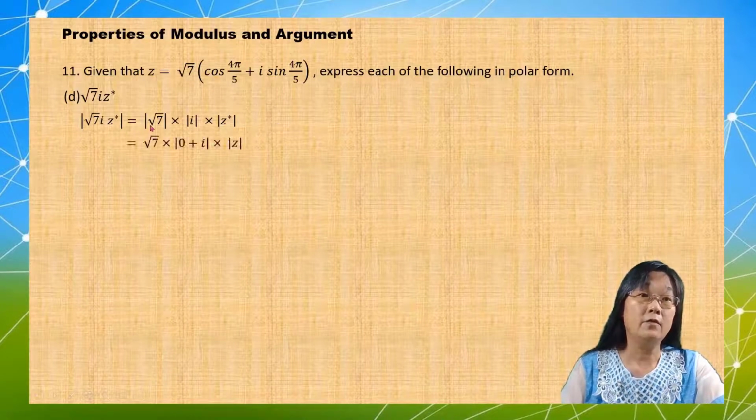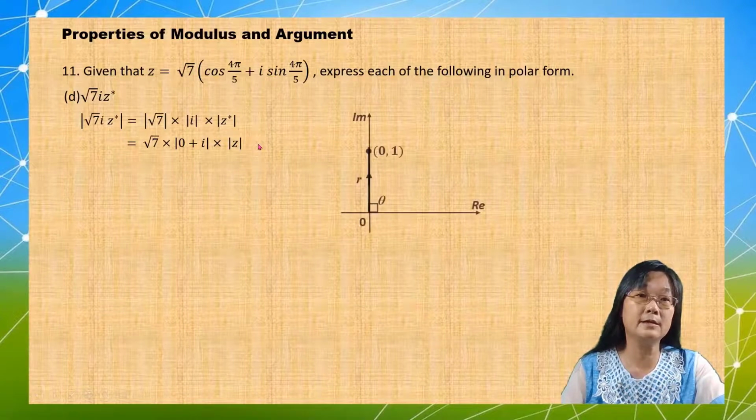For the modulus of a number, we get the number back. As for i, first we write i in Cartesian complex number form. So we get 0 plus i. So x is 0, y is 1. And also we know that the modulus of conjugate z is the same as the modulus of z.